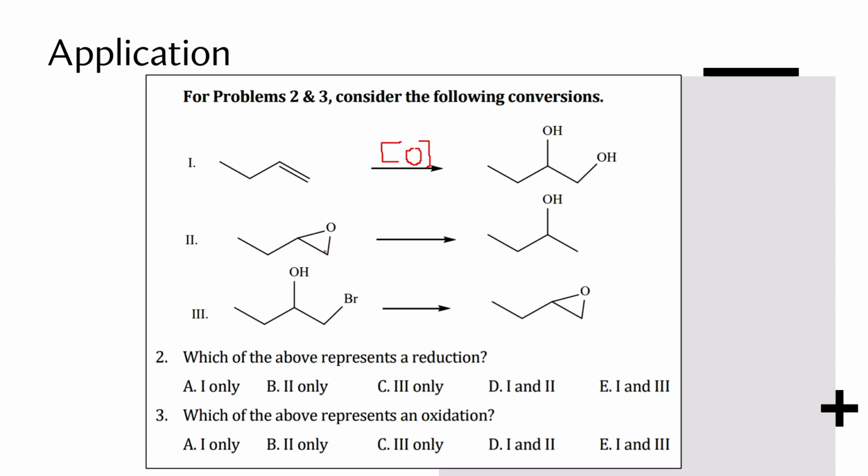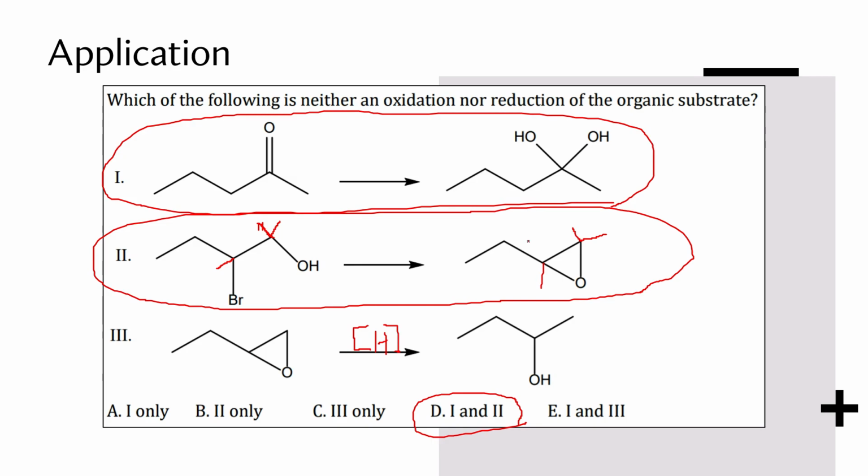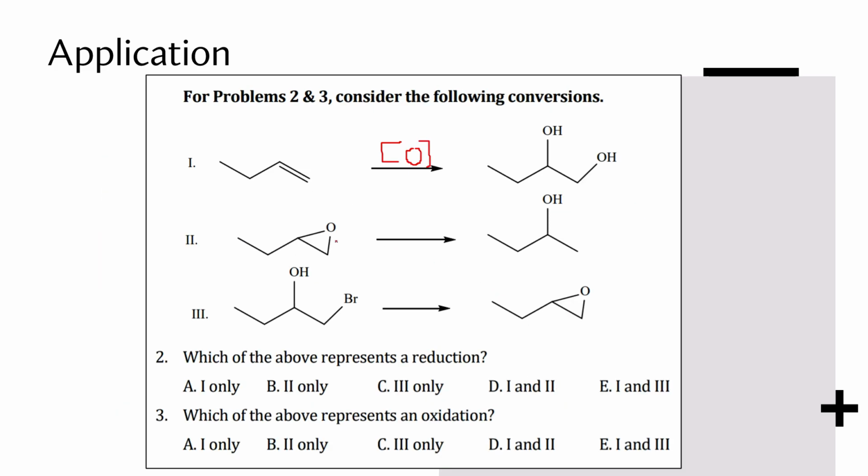Well, look here now. We have an epoxide going to the alcohol. We had just shown that an epoxide to one alcohol is a reduction. So an epoxide to one alcohol is a reduction. If, and I say if, this epoxide went to the diol right here, it would be neither.